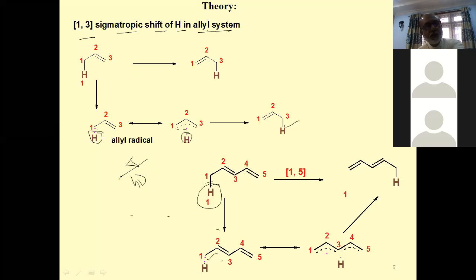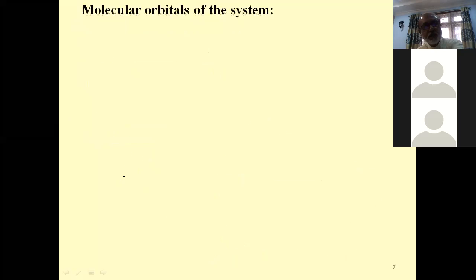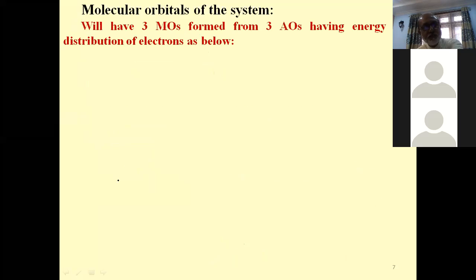Okay, so let us see the next part, that is the molecular orbital of the system. First of all, we have to go to the molecular orbital. When we talk of the allyl system, how many orbitals will there be? Allyl is a double bond, and there is 1 electron here.